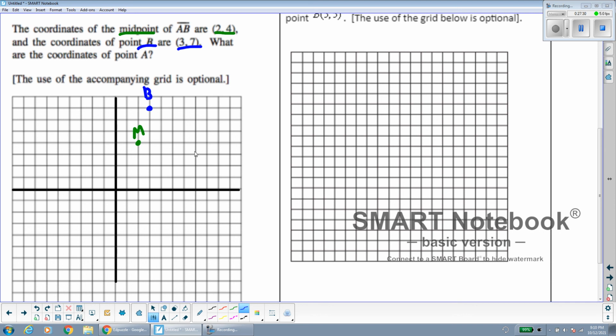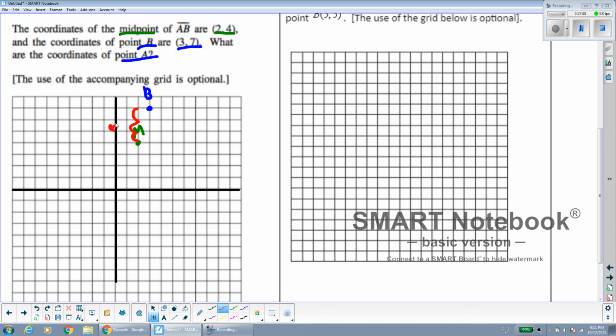And I need to find the coordinates of point A. Remember, the midpoint is the middle point that's exactly in the middle of the line segment. So it should be an equal distance from each of the endpoints. So to get from the midpoint to one of the endpoints B, we need to go up 1, 2, 3 boxes.